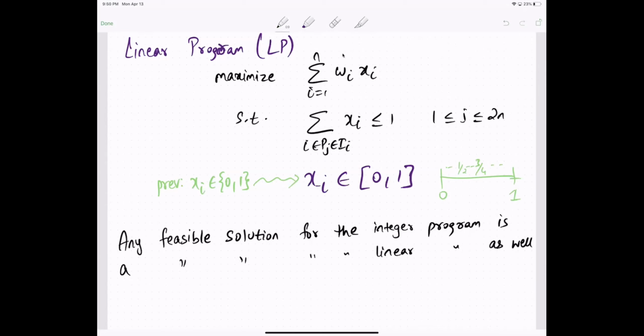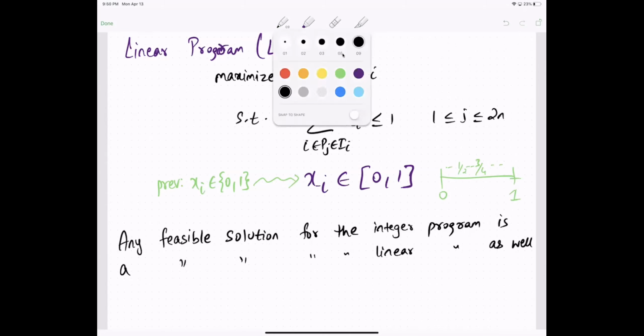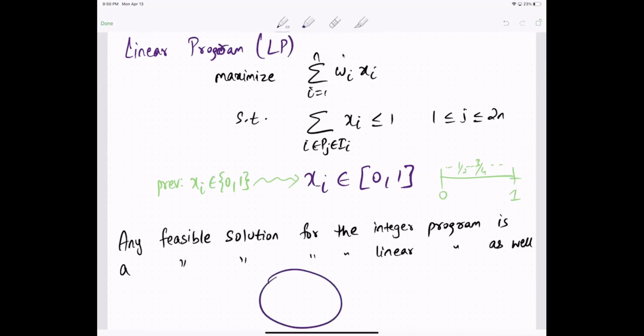So pictorially, for the integer program, these are all feasible solutions, right? So a smaller subset is here for the integer program, and all of them will be valid solutions for the LP, right?